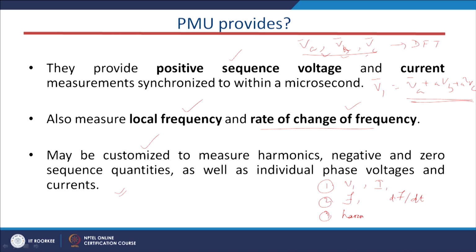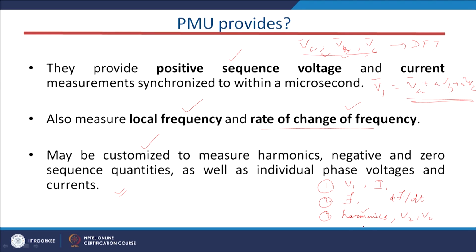This is very important, because nowadays in the smart grid system we have many inverter based generating stations coming up, basically solar, wind, or fuel cell, or other devices where electronic interfaces are present. So, in that case there is a good chance of harmonic injection to the network.